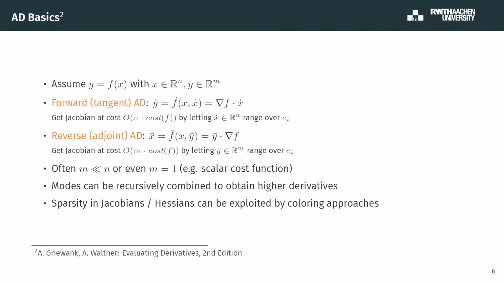The ideal scenario, of course, is that you are not actually interested in the Jacobian. You just need a Jacobian-vector product, which, for example, is what you're doing if you're doing a CG or something. But for us, until now, that has not been an option, so we need to differentiate the whole thing. If you want, you can combine these modes to get higher order derivatives, second, third, whatever.